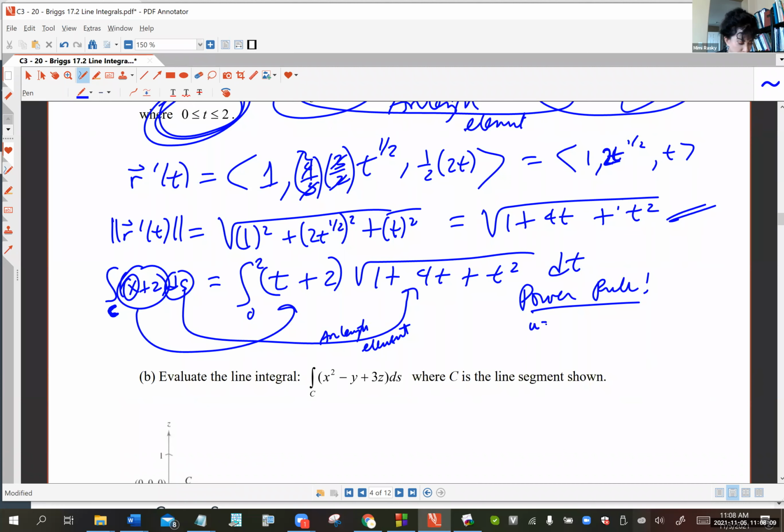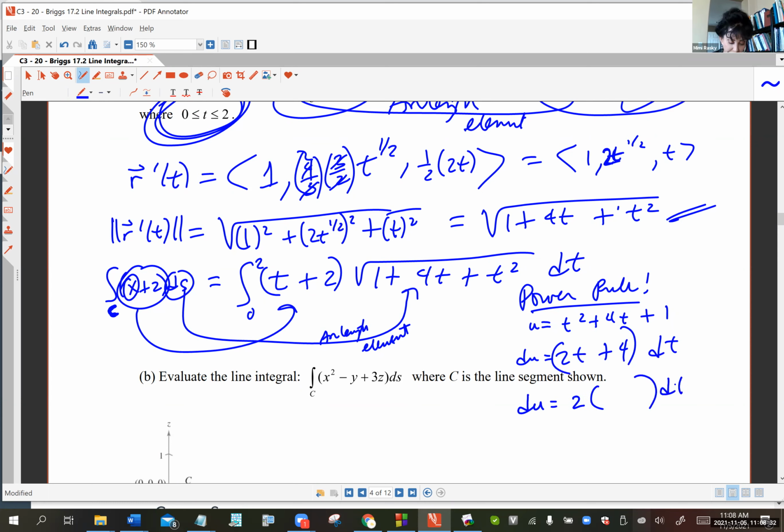I'm going to let u be equal to everything under the radical, the t squared plus the 4t plus the 1. Okay, then what would du be? Well, the derivative of t squared plus 4t plus 1 is 2t plus 4 dt. Well, how's that helpful? Wait a minute, hold everything.